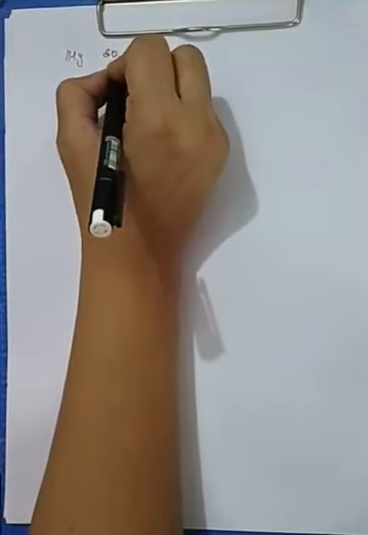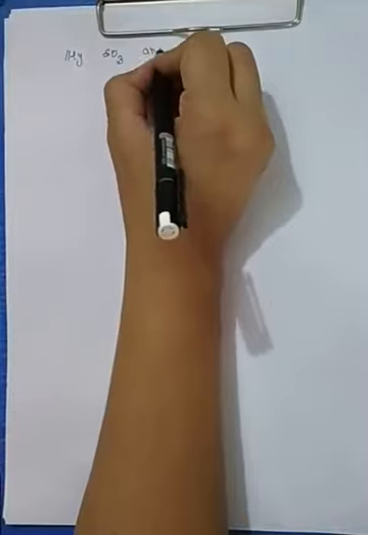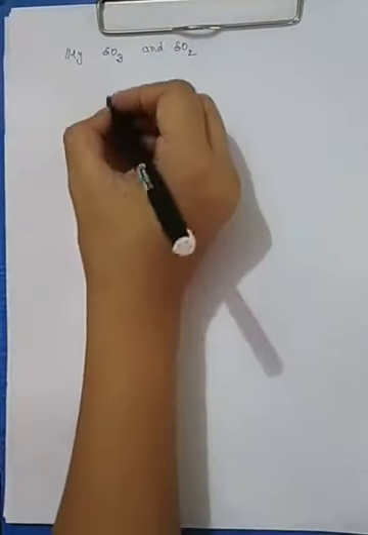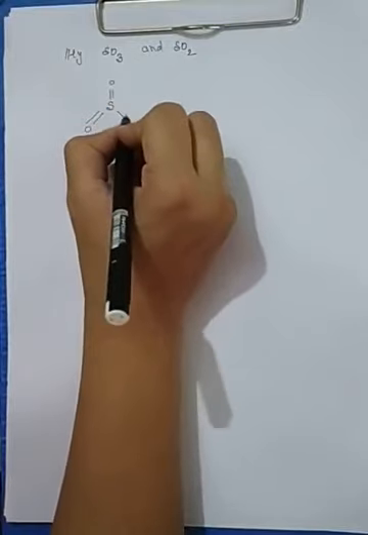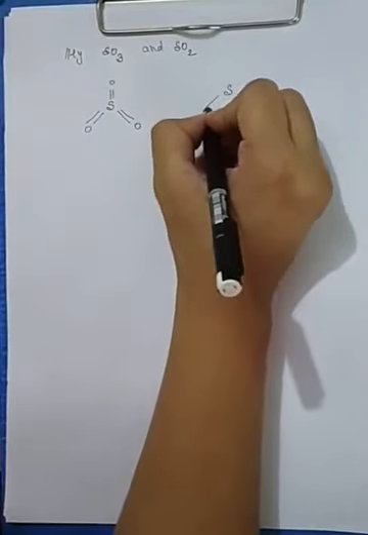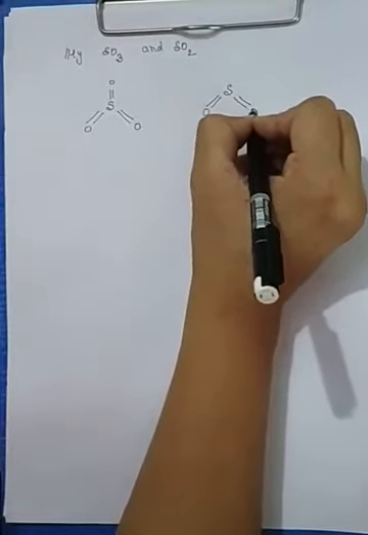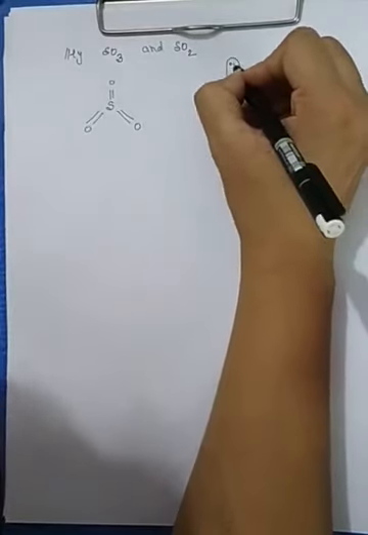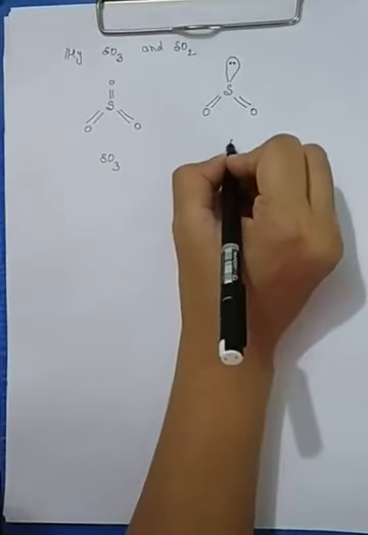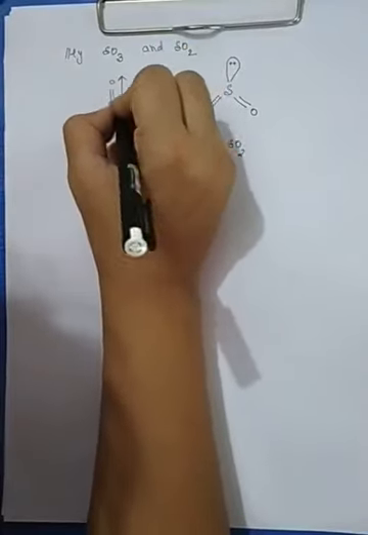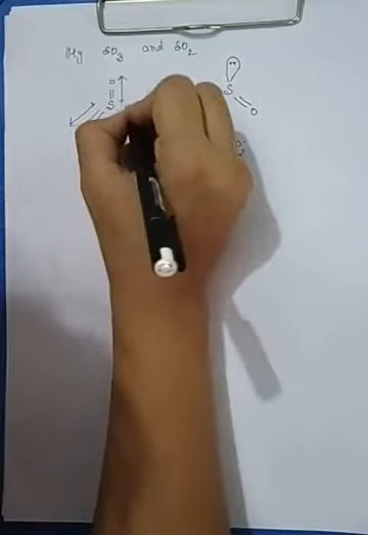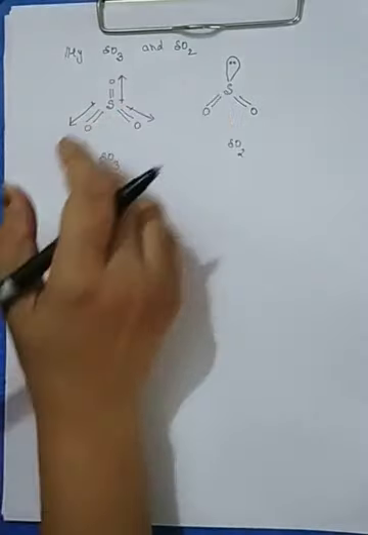Similarly, if we compare the dipole moment of SO3 and SO2 to identify which one is polar and which one is non-polar, then draw their structures, as this one is the SO3 and this is SO2, making the dipoles like BF3.